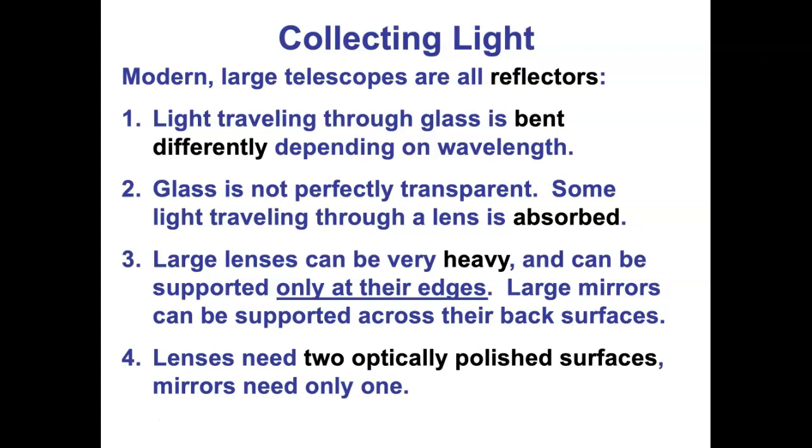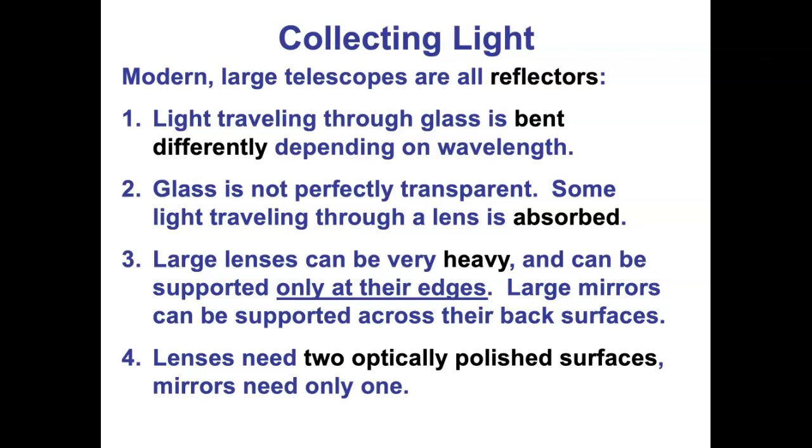For that matter, what is a lens? Right? A lens is a solid slab of glass that you've got to curve on both sides. You've got to polish that lens to the right shape on both sides.